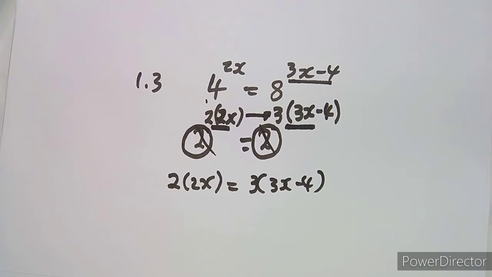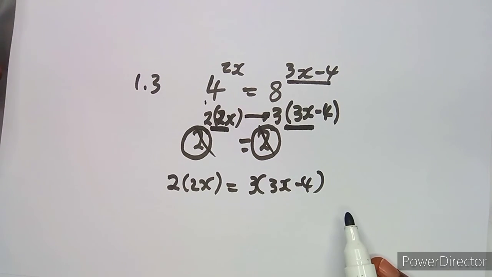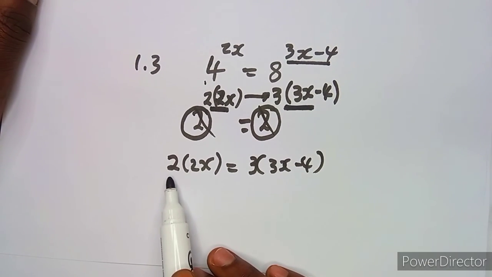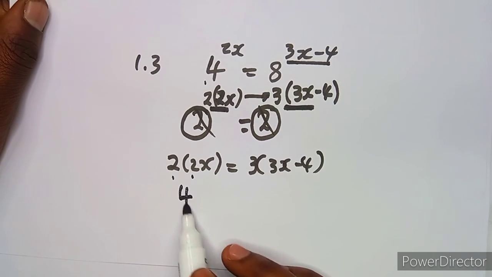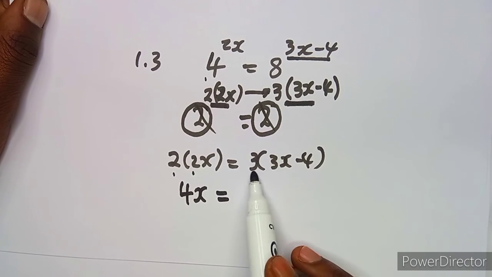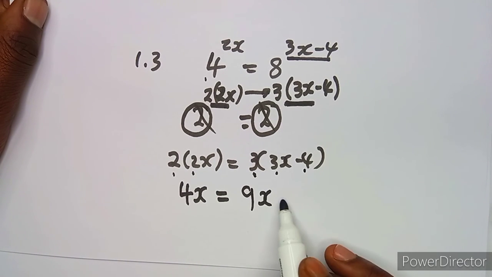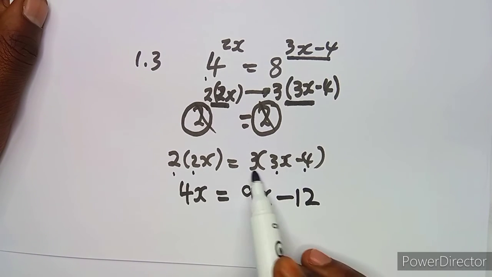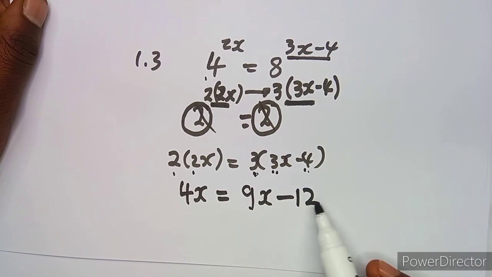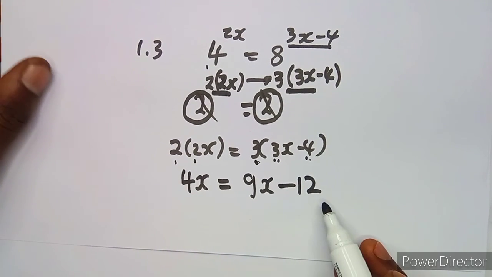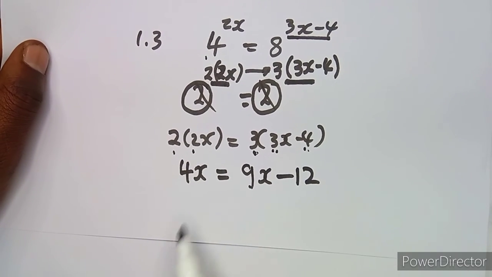By doing this, you're now left with a normal equation. They are no longer exponents. So just expand your brackets. 2 times 2x is 4x, which equals 3 times 3x, that is 9x, and 3 times minus 4, which is minus 12. Then let's collect like terms here.